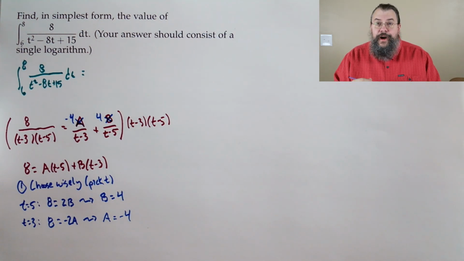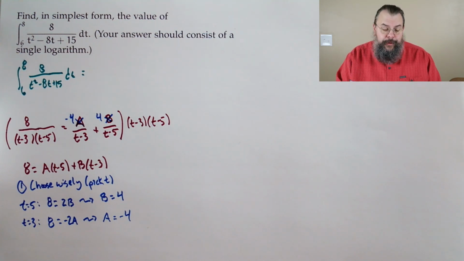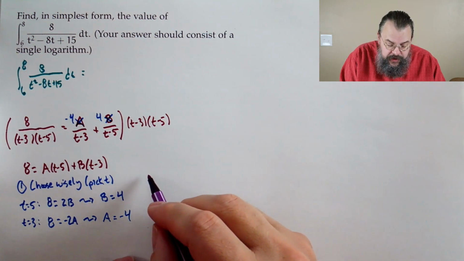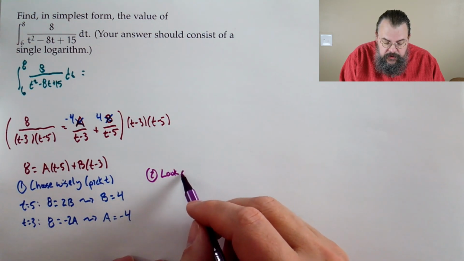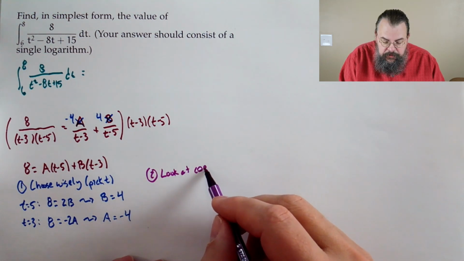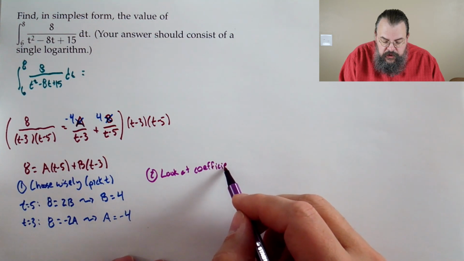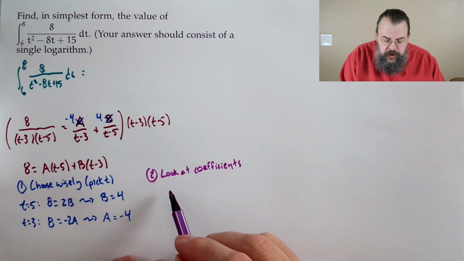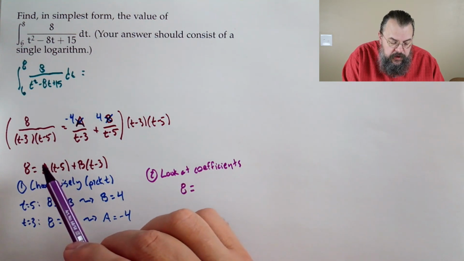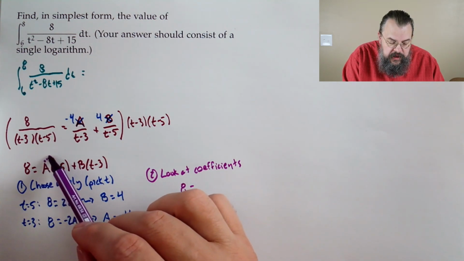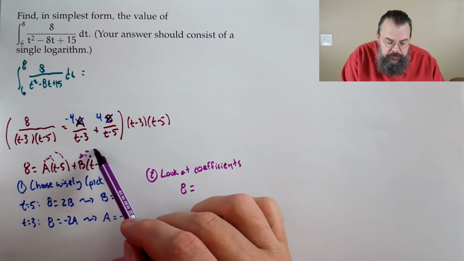So, what's option 2? Option 2, when we're trying to solve, says, look at the coefficients. Now, what does that mean? Well, what we can do is we can say we have 8 equals, and now you imagine expanding and grouping.